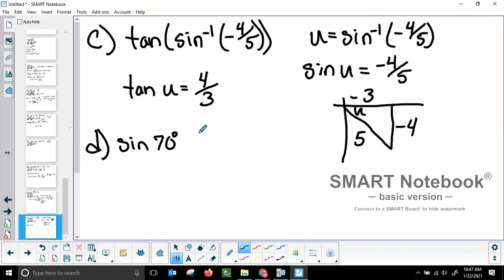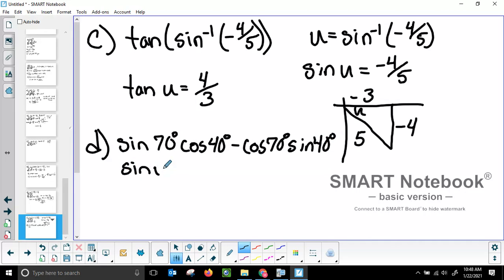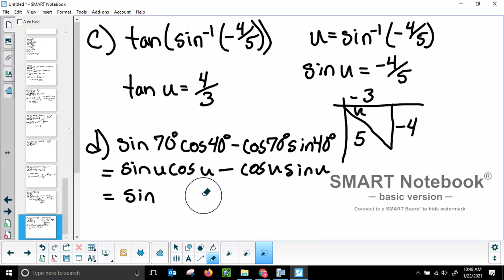D says sine of 70 degrees times the cosine of 40 degrees minus the cosine of 70 degrees times the sine of 40 degrees. Well, this is essentially our sine u, cosine v, minus cosine u, sine v, of course.